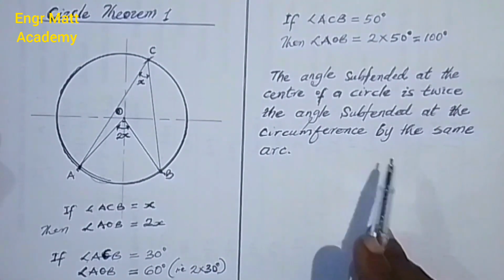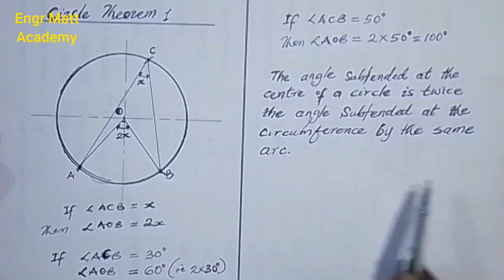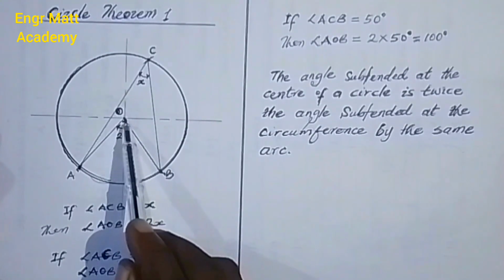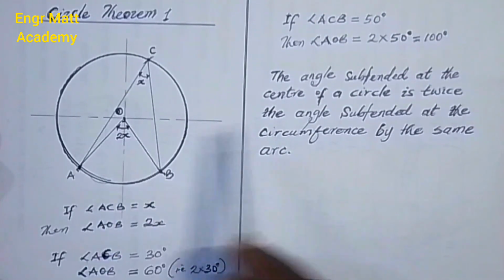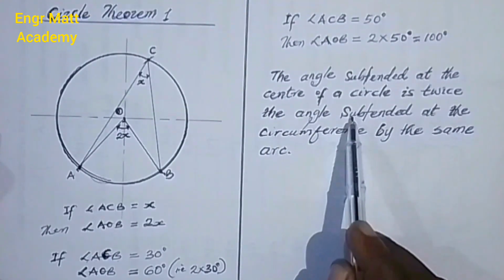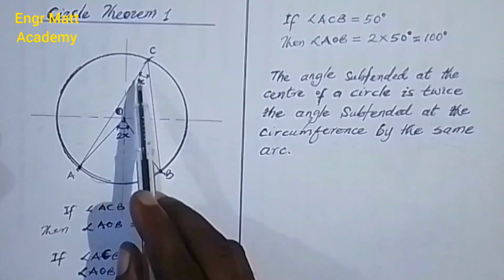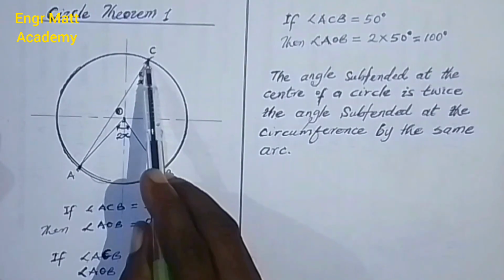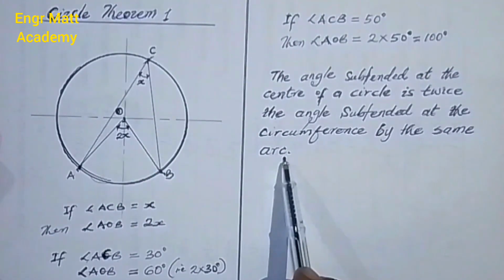This is Circle Theorem 1. It says that this angle at the center of the circle is twice the angle formed or subtended at the circumference of the circle by the same arc.